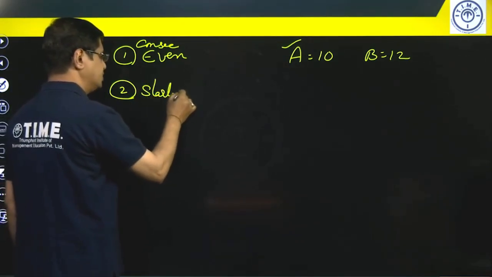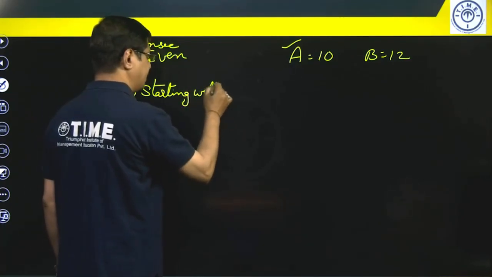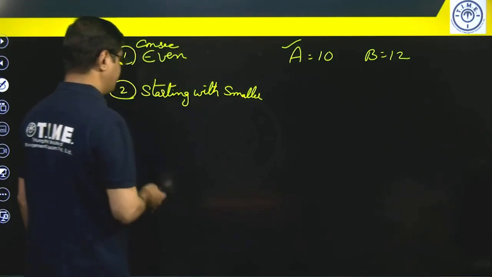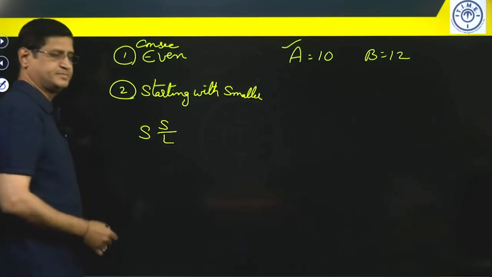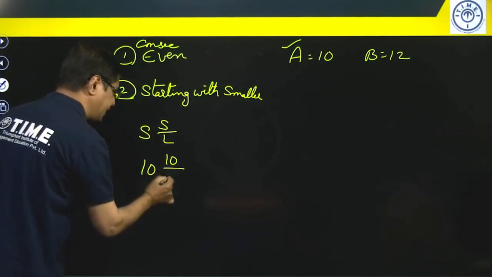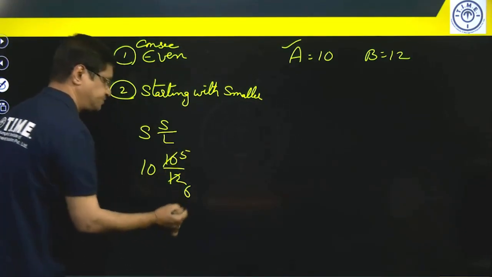Please listen to me. Starting with the smaller value, smaller number, then what will be the answer means smaller by larger. Means 10 by 12. Simplify 5 by 6.